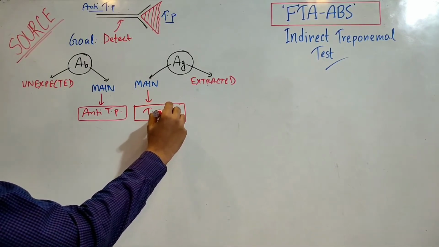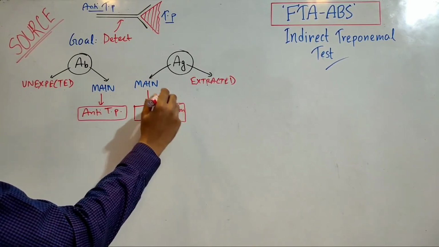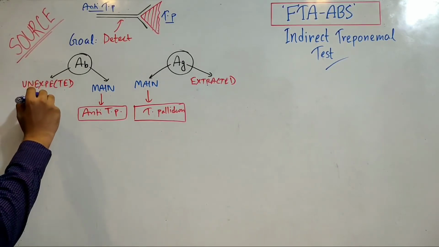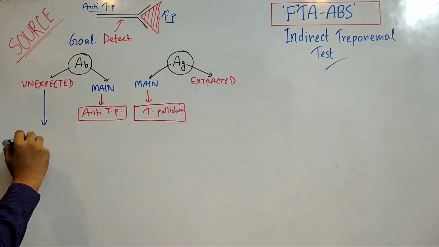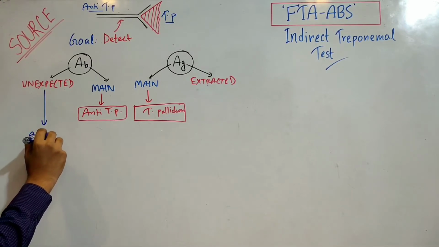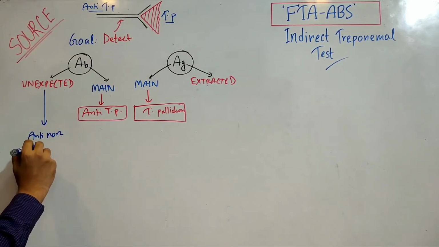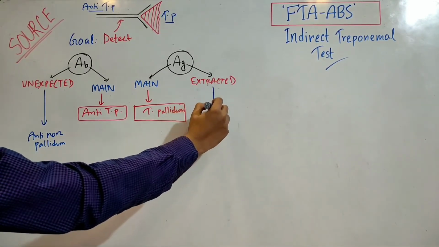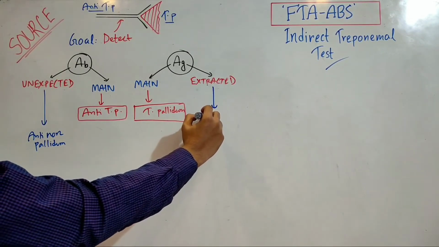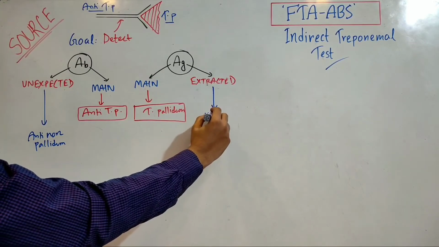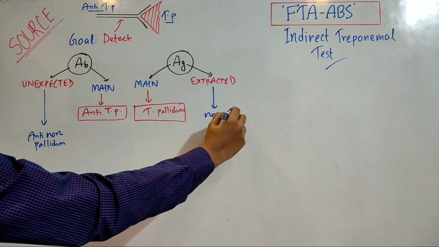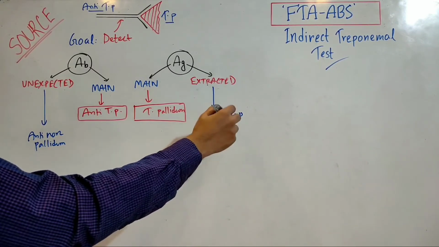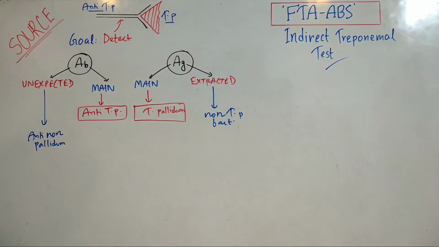So we are dealing with the Treponema pallidum bacteria as the main antigen. And the unexpected antibodies, as I told you, are the anti-non-pallidum antibodies. And the extracted antigens are those bacteria that are non-Treponema pallidum. So non-Treponema pallidum bacteria are actually our extracted antigen.